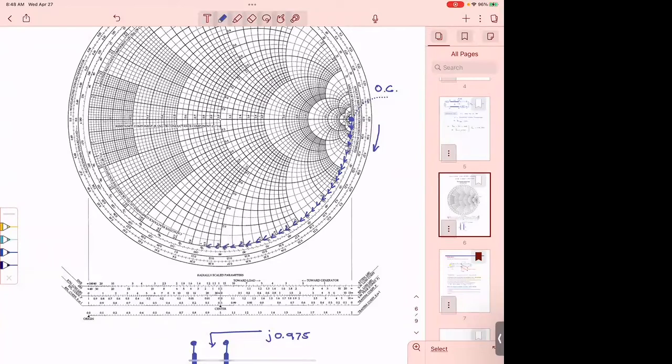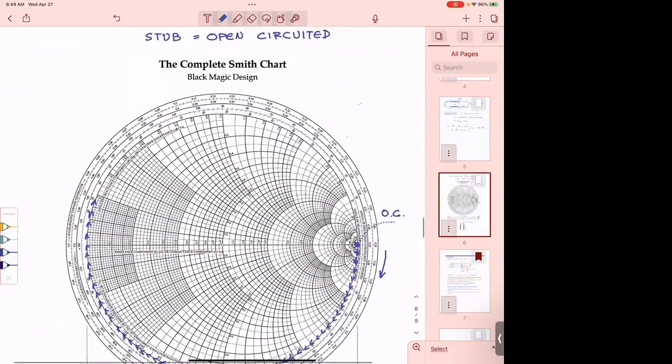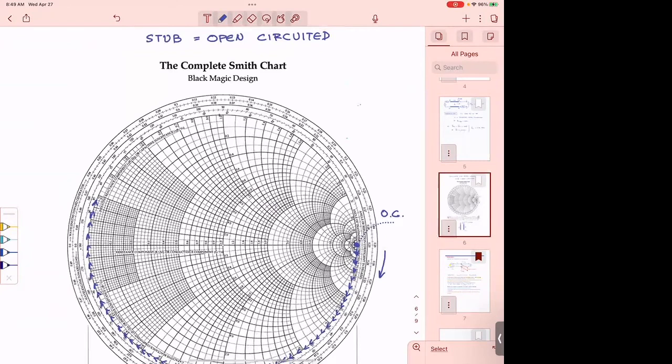That tells me that the stub is going to be a little longer, but that's okay because somebody specified that it has to be open. So you go like this on the same line where you found. This is the circle for the imaginary impedances that don't have a real part. So you go on this one until you find 0.975, which is here.